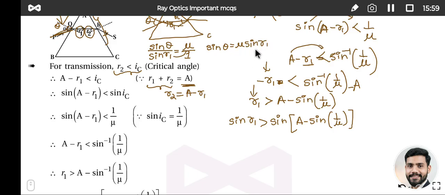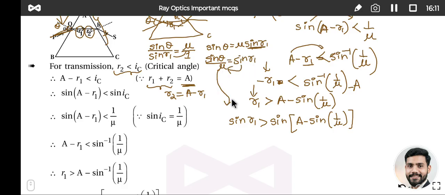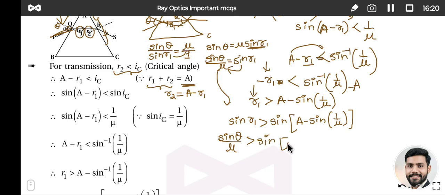So from here, the value of sine R1 is nothing but sine theta upon mu. That value we have to substitute here. Sine R1 means sine theta upon mu, which is greater than sine bracket A minus sine inverse 1 upon mu.